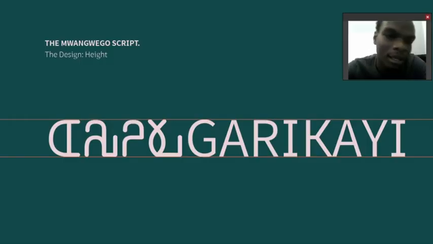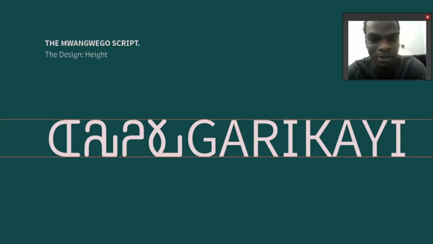And then in terms of the height of the letters, I had to work with the cap height. So the Mwangwego script, unlike the Latin script, doesn't have an x-height, and that's one of the things I learned from this process, that I had to decolonize my mind for this. I had to block out everything I know about the Latin script, everything I've learned about typography, about type making, so that I could focus on this, because this was totally different.